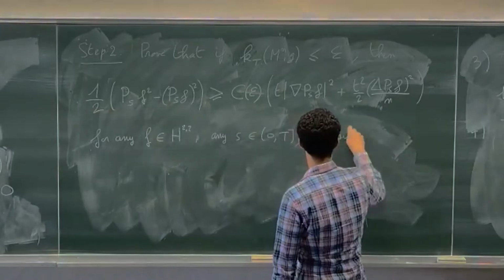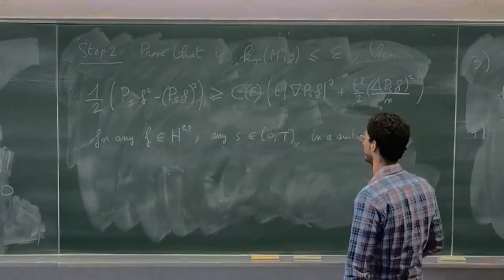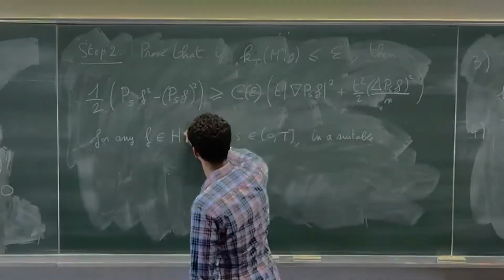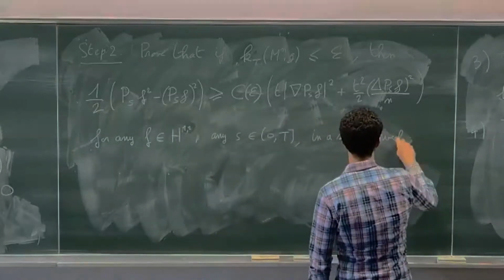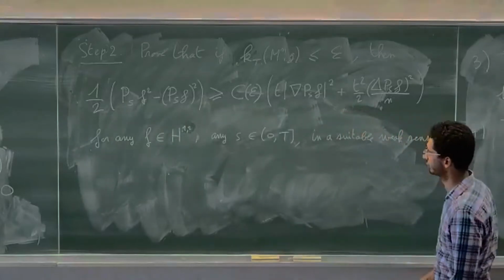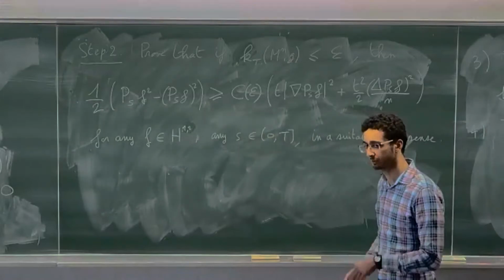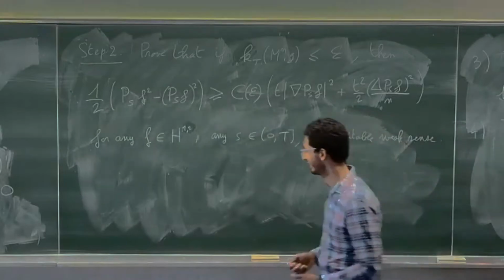A suitable weak sense is that you just multiply by test functions and integrate. And you have this constant here, and the thing is that this constant goes to 1 as epsilon goes to 0.